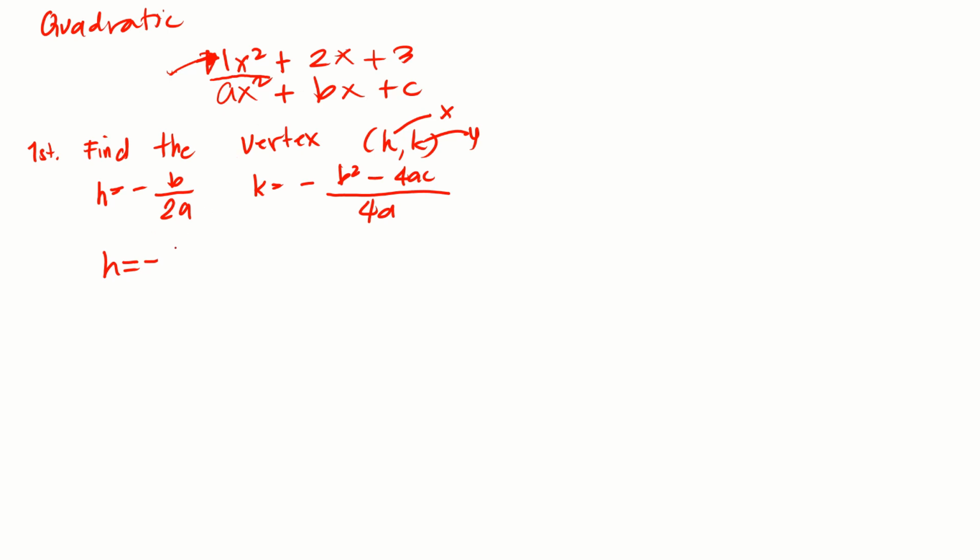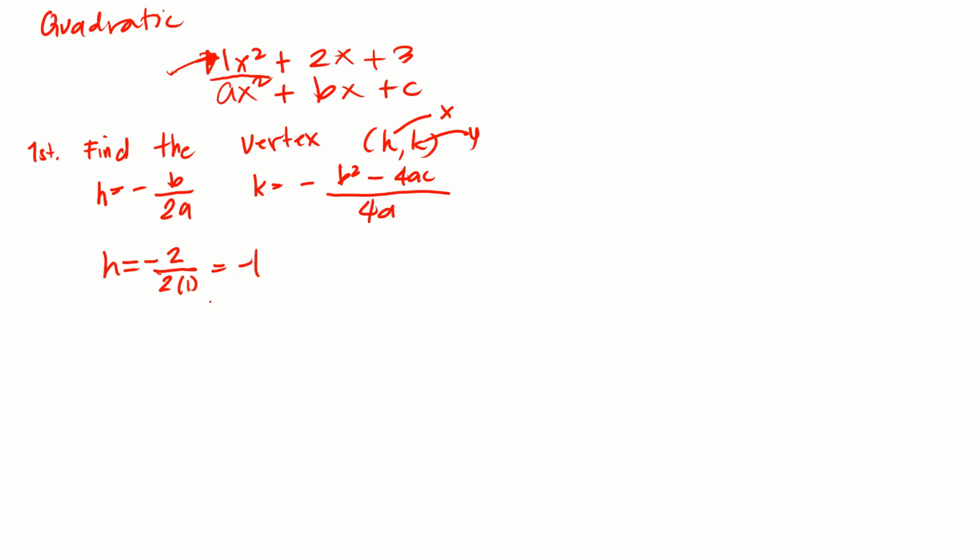So b is 2, and then negative 2 divided by 2 times a, where a is equal to 1. Negative 2 divided by 2 is equal to negative 1. So our h is equal to negative 1.